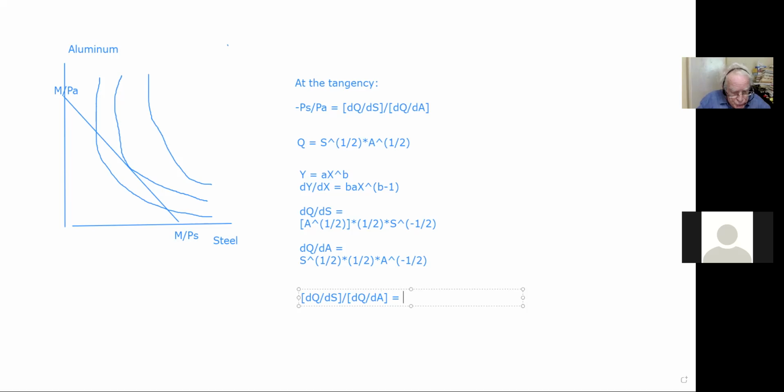So let's see, we have 0.5 times A to the power of 0.5 divided by S to the power of 0.5 in the numerator.